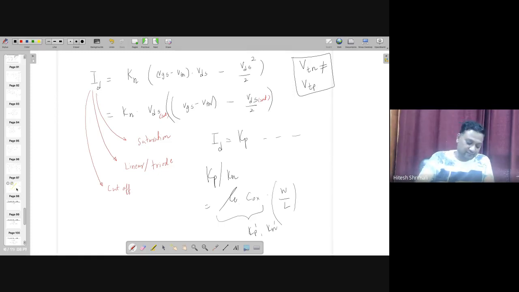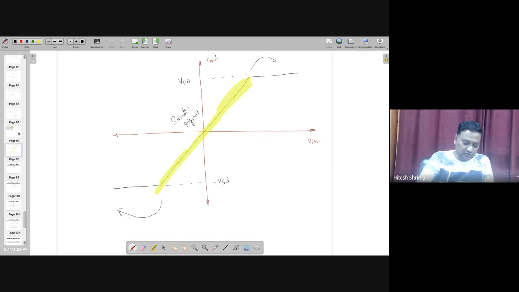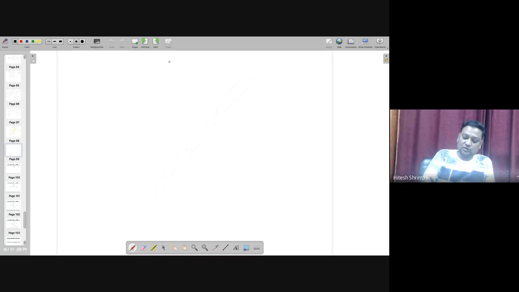And we also learned noise margin high and low. The voltage transfer characteristic looks like this one.